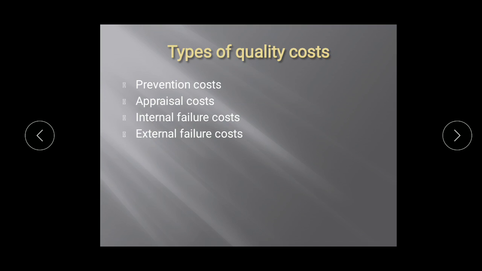And the second one is external failure cost, which arises if defective products have been shipped to the customer. Once the product is handed over to the customer and defects are there on the customer side, the external failure cost arises. It includes warranties, replacements, lost sales because of bad reputation, and payment for damages arising from the use of defective products. The shipment of defective products can dissatisfy customers, damage goodwill, and reduce sales and profits.